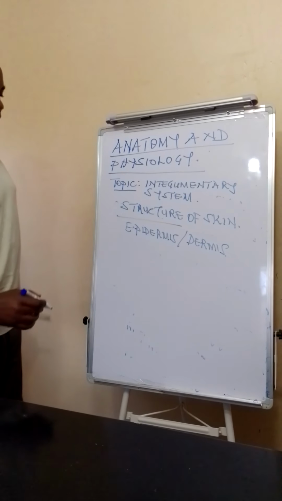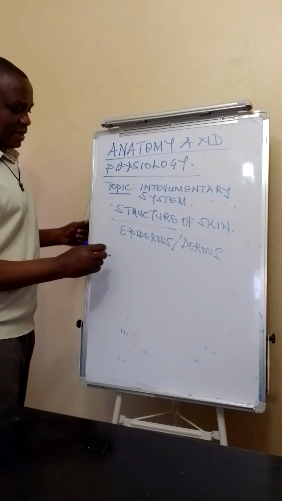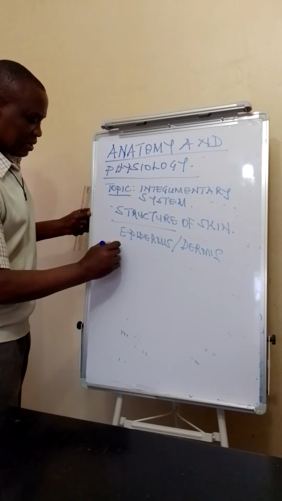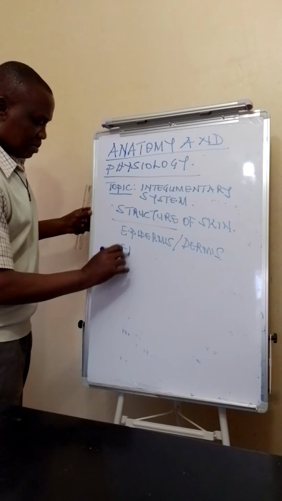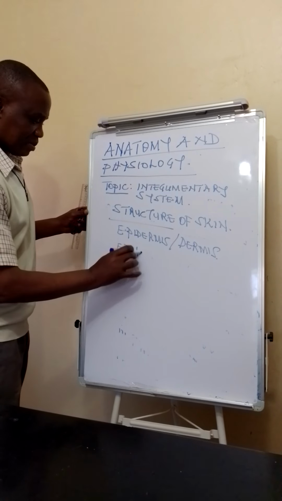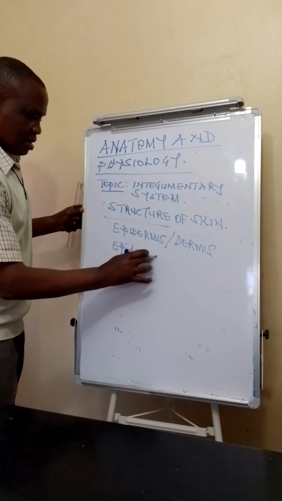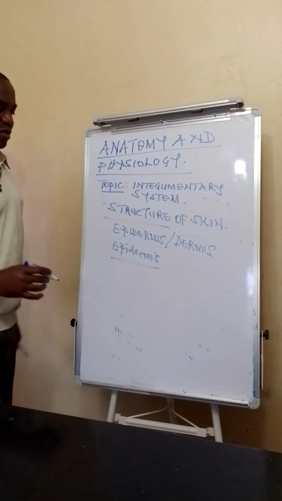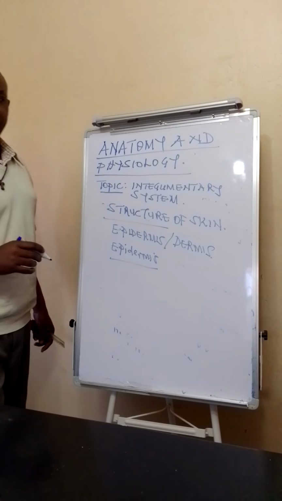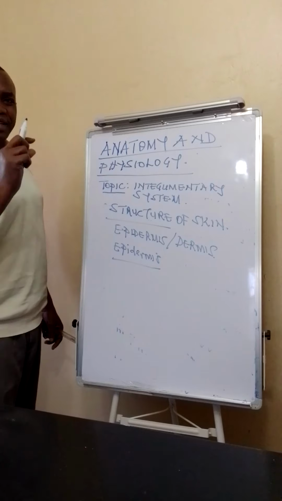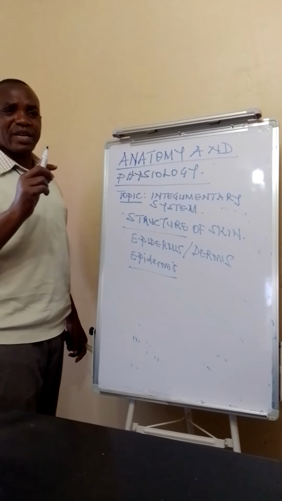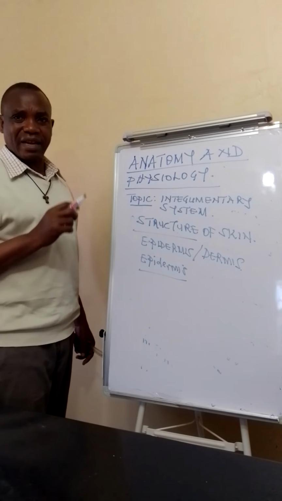Now, when you look at the epidermis, epi means upper, the upper part of the skin. It's a very thin component, maybe about 1 millimeter thick.